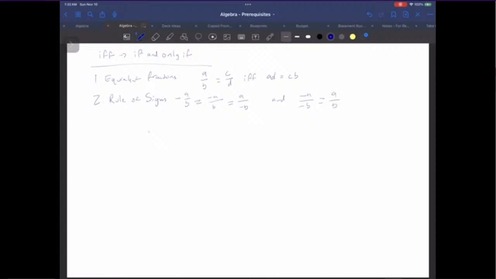Again, if we use the first part of it, we can say that negative 1A over negative 1B is the same as negative 1 times negative 1A over B. Those negative 1s will cancel out, and then we'll have A over B.